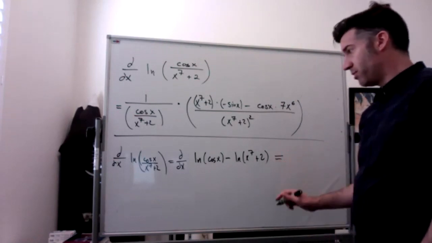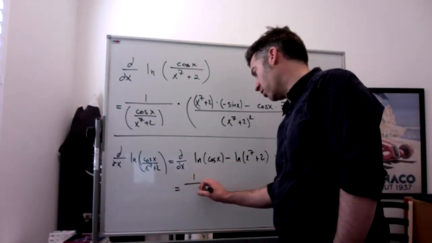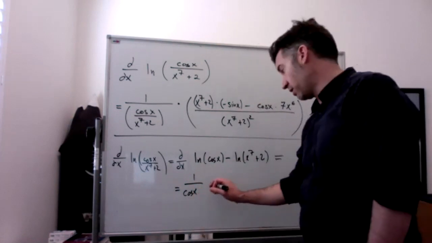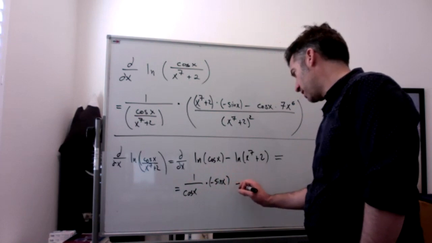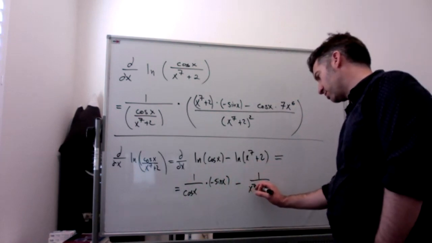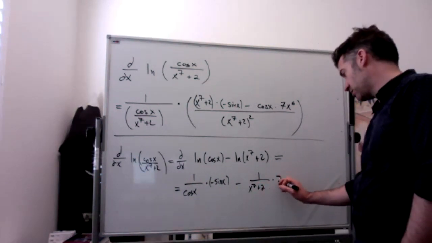And now the derivative of the natural log of cosine of x is 1 over cosine of x times the derivative of cosine of x, minus the derivative of the natural log of x to the 7th plus 2, which is 1 over x to the 7th plus 2 times the derivative of x to the 7th plus 2, which is 7x to the 6th.